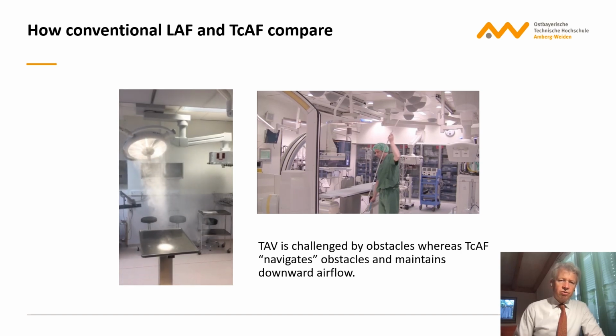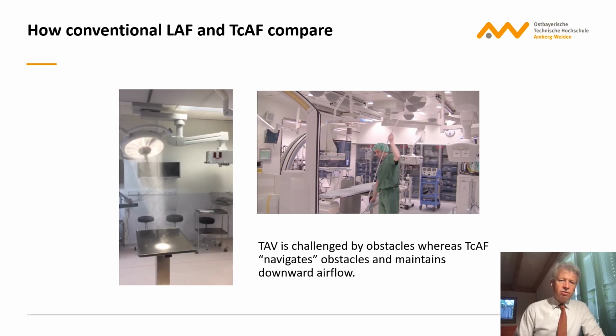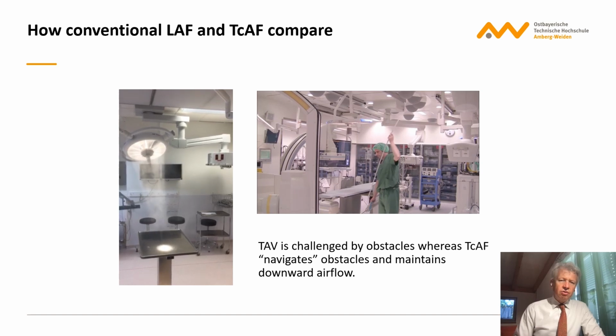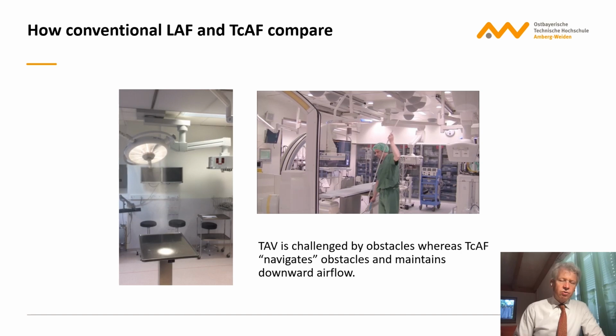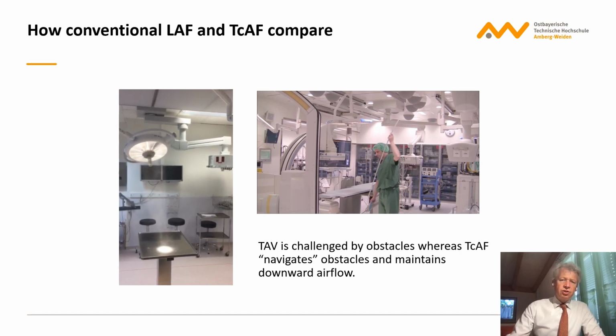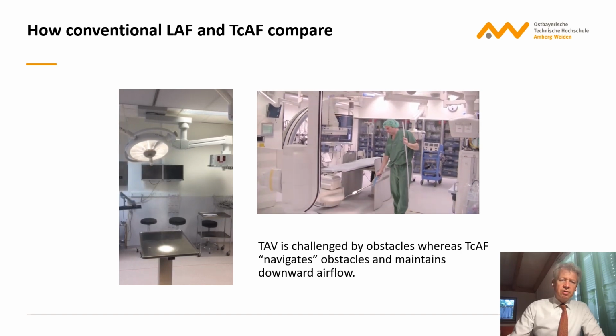Also, temperature-controlled airflow interferes a lot less with equipment like OR lights, as displayed here. On the left in the video, you see how long, even one could say trapped, the smoke stays underneath the OR light, whereas with the temperature-controlled airflow, this actually does not happen.